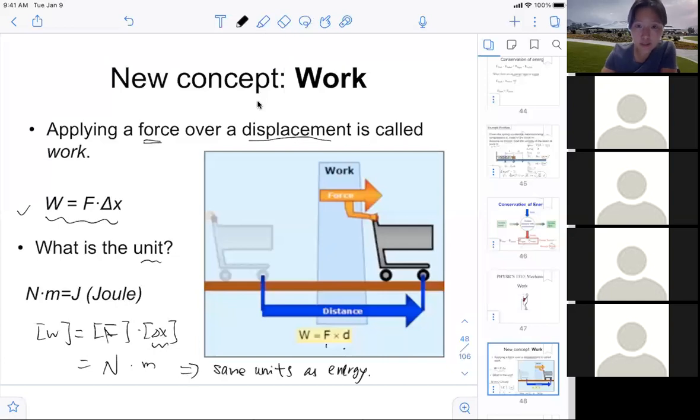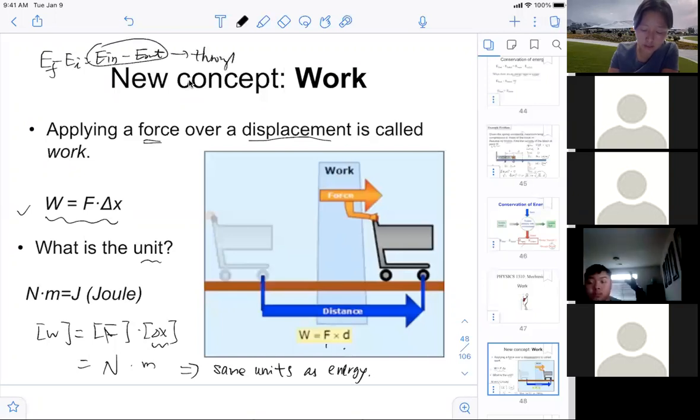Right. We said it's getting something done. What does it do? We're saying, oh, work is really just changing the energy of the system. We said E final minus E initial is equal to E in minus E out. This is done through work, okay? So it's not surprising that work and energy have the same unit, okay?